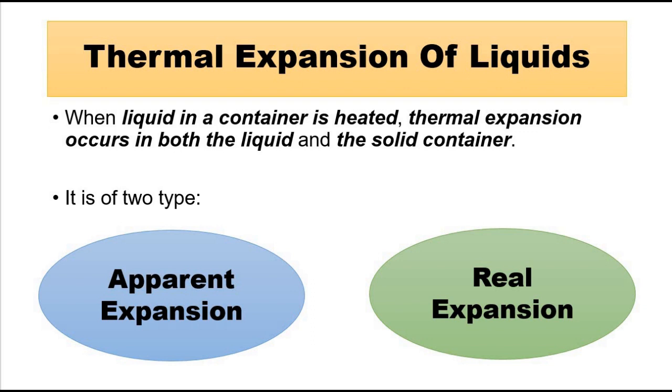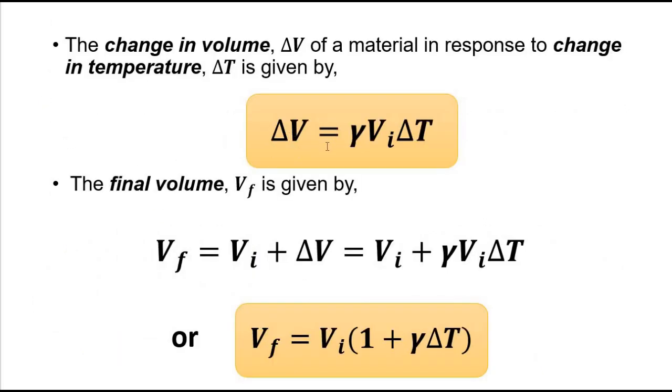Okay, so let us try to understand that. Both of them happen in terms of the volumetric expansion coefficient, which we know, that is the change in volume is directly proportional to the initial volume of the liquid and the change in temperature, that is final minus initial temperature, and gamma is the volume expansion coefficient of that liquid.